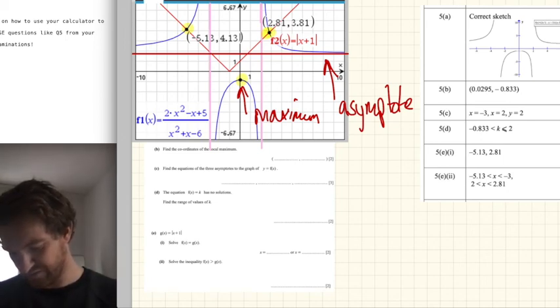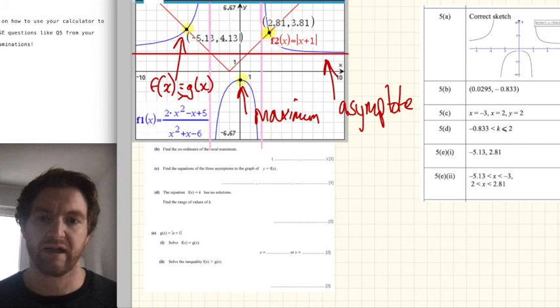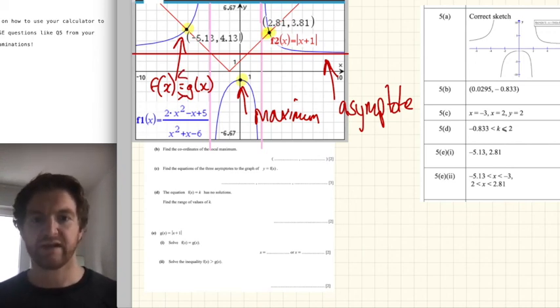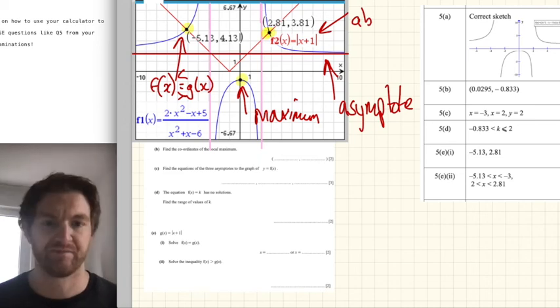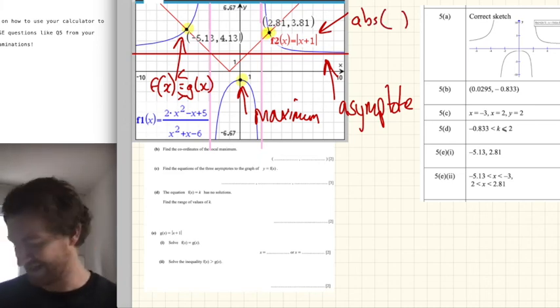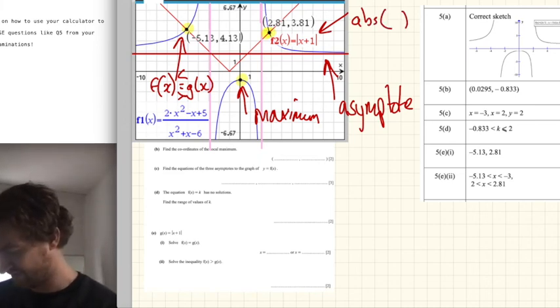You can do intersections, so you can do when f of x is equal to g of x, or you can do when it's greater than or less than. Okay, so you can do solutions, and all of these things can be plotted using your calculator, so the absolutes as well. Okay, and even the sketch.